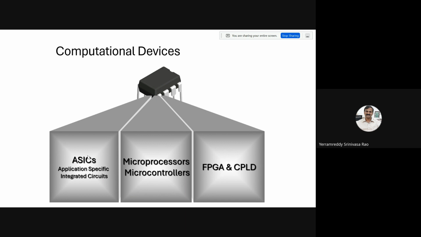Where do you find such kind of chips, such kind of CPUs? Let's say a calling bell. In a calling bell, when you press a button, it will play some song. It will play some music. But that song, music, is also data. And to convert the data into an analog signal waveform, it requires some program.